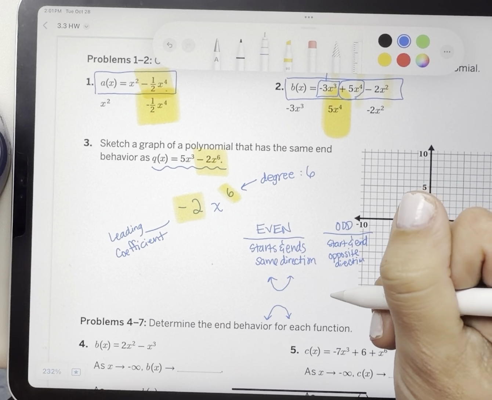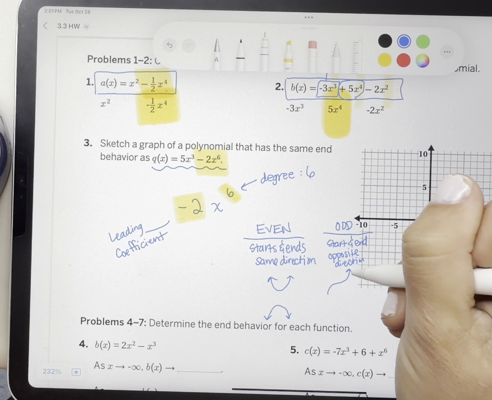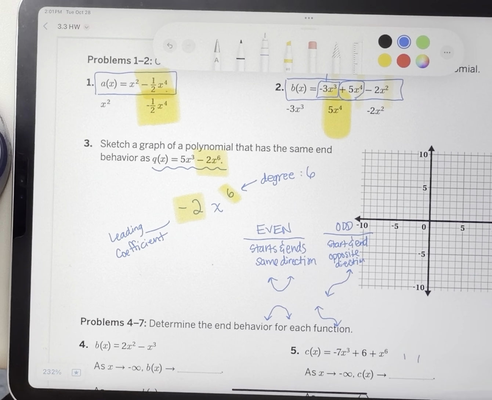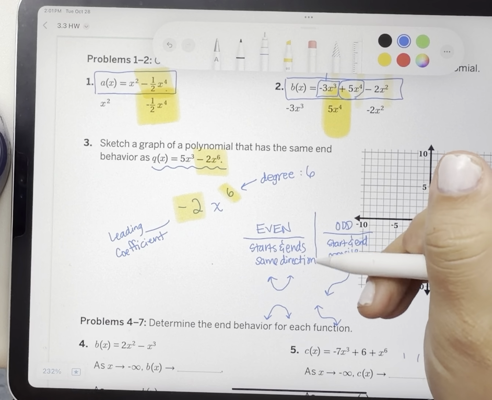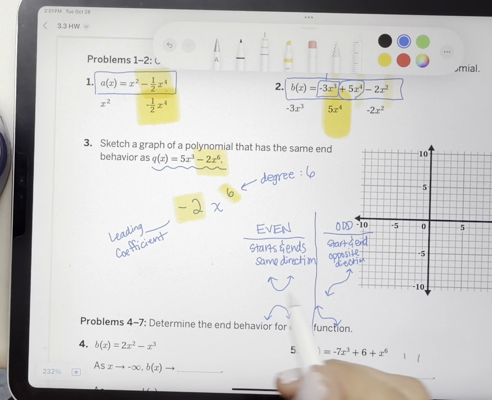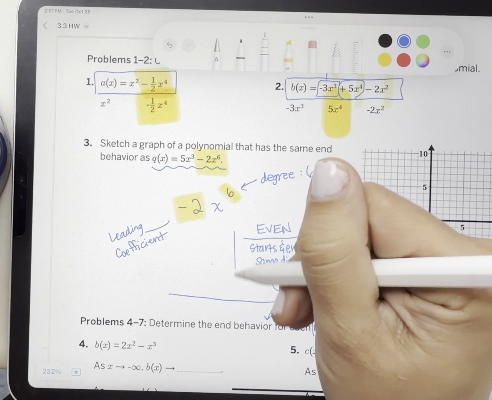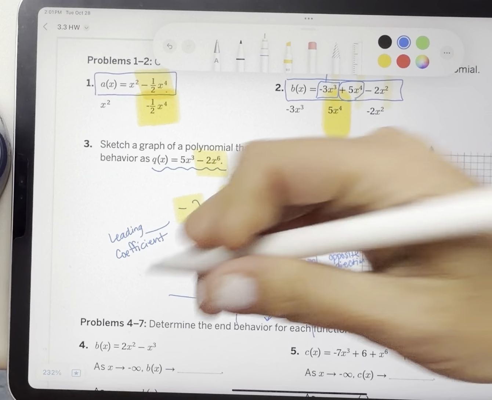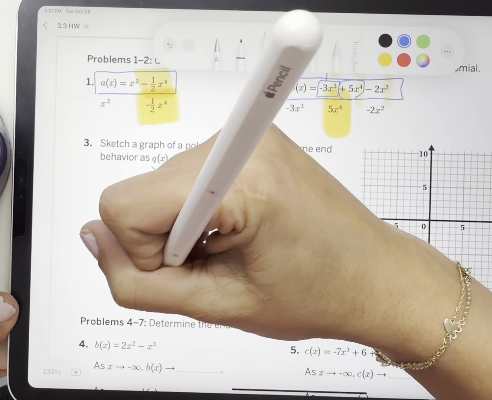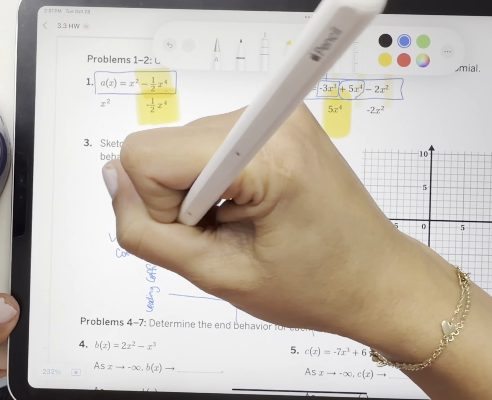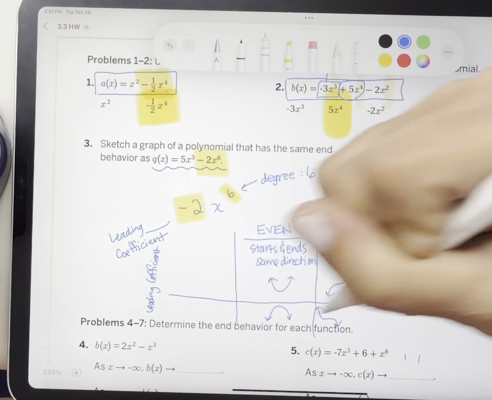So I'm either down and then up, or I'm up and then down. So that's what the degree does. Now the leading coefficient, it tells me which way I end.